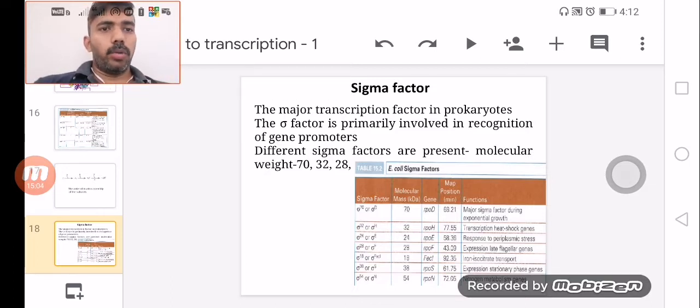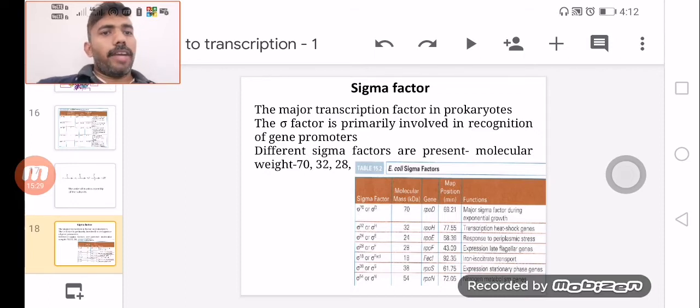So these promoters will be identified or recognized by the sigma factors. So the sigma factor is important to recognize the promoter and followed by the gene expression. So without recognizing the promoter, no gene expression will be done in a system. So it's important.